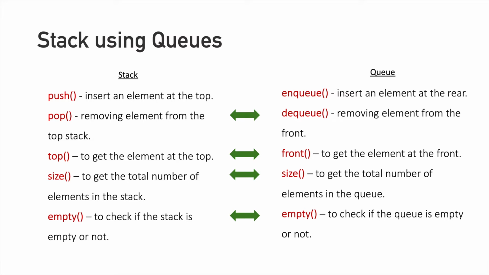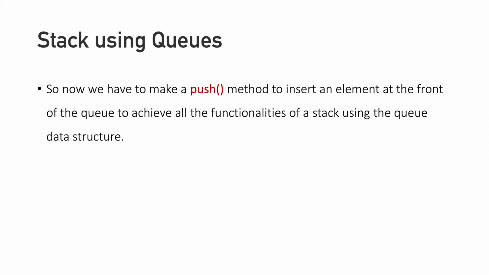Because if we are able to do that, then we'll have all the functionalities of a stack data structure in the queue data structure, and we will be able to implement stack using queue. So by comparing the functionalities, we now know that we have to make a push method to insert an element at the front of the queue to achieve all the functionalities of a stack data structure using queue.